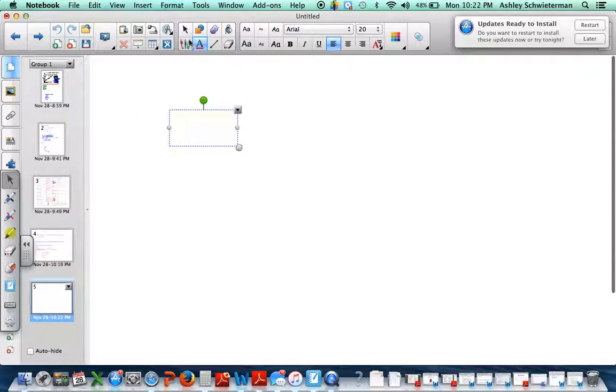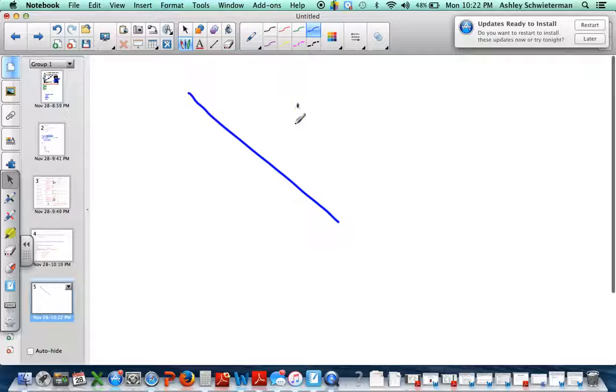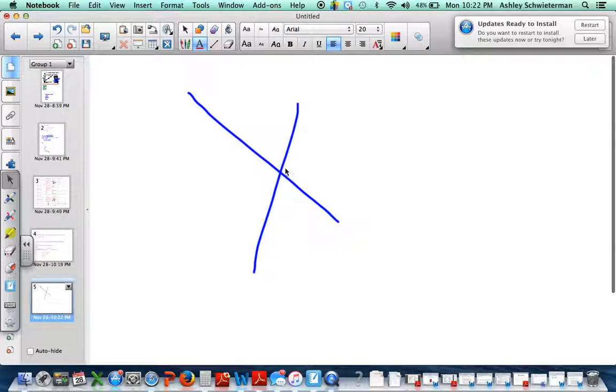If I gave you a picture that looks like this, and I said find the relationship to solve for x. 3x plus 4, and then over here I have 2x minus 3. These are vertical angles, and I know that vertical angles are equal to each other.